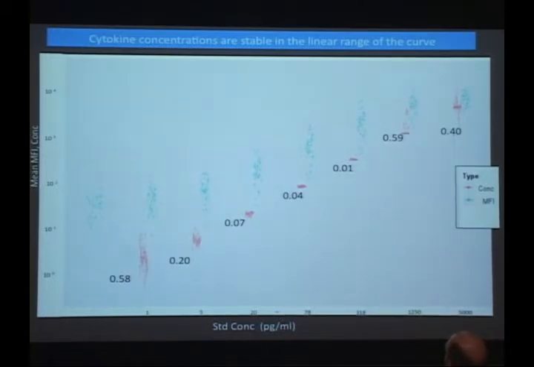I'm just wondering, because this data would suggest that you are compressing the variation plate to plate by doing the calculation to concentration, and Yael argued just the opposite.